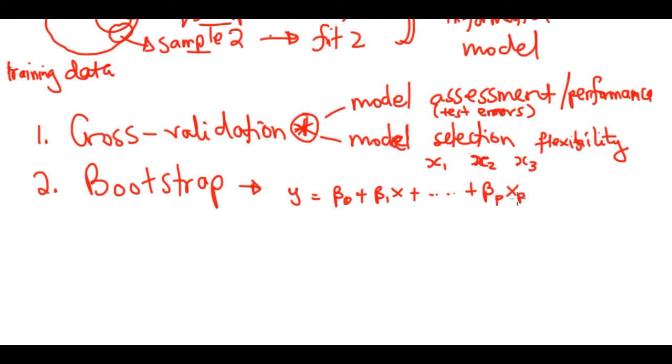So the bootstrap will allow us to know the accuracy of, say, b1, of any given statistical learning model. These are going to be estimates, as you remember from our chapter on regression. So how accurate is this? We can use the bootstrap method here.